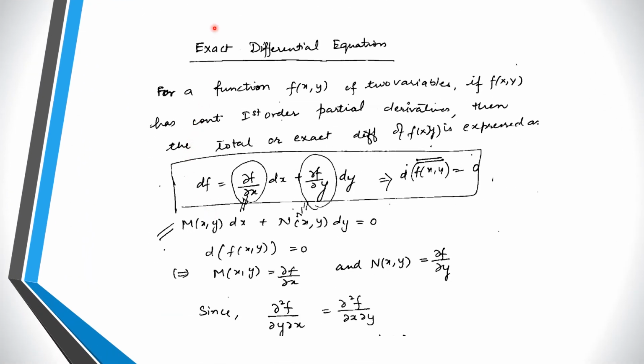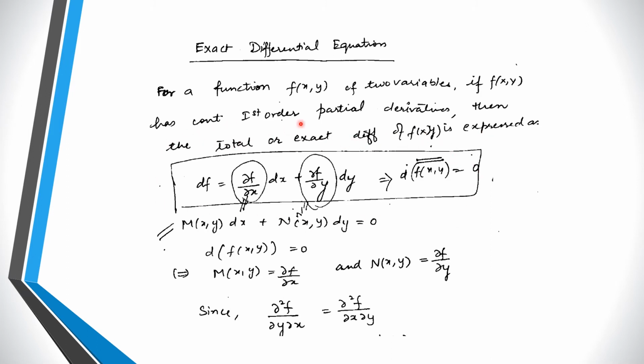Now the next is exact differential equation. For a function of two variables f of x, y, if this function has continuous first order partial derivatives, then the total or exact differential of f of x, y is expressed as this. Right?